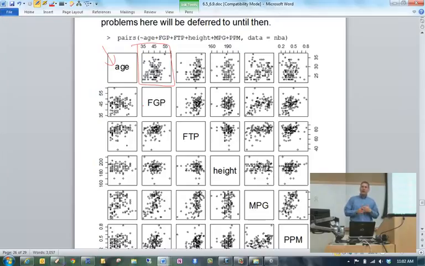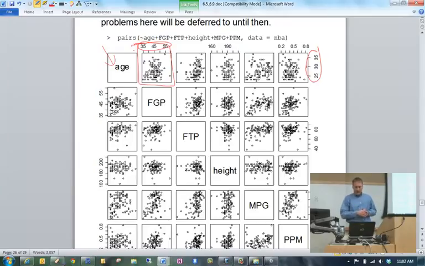To get a sense of the numerical scales, for age we have to go all the way over to the end, and for field goal percentage we have to go all the way to the top. What we can see here is a random scattering of points for age and field goal percentage, not really any kind of strong relationship.